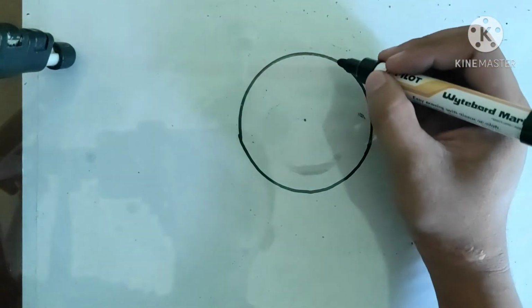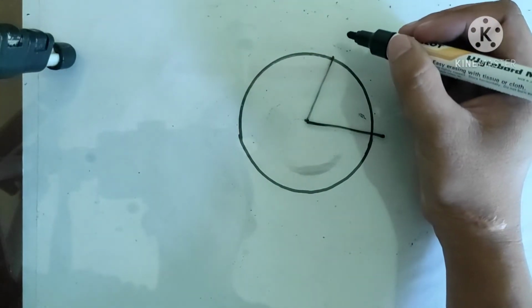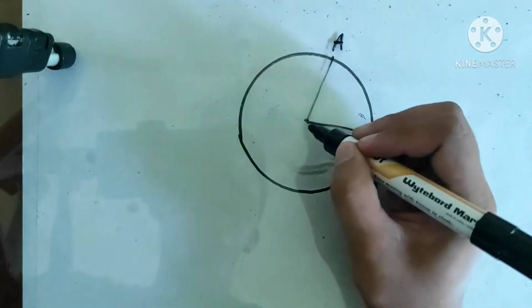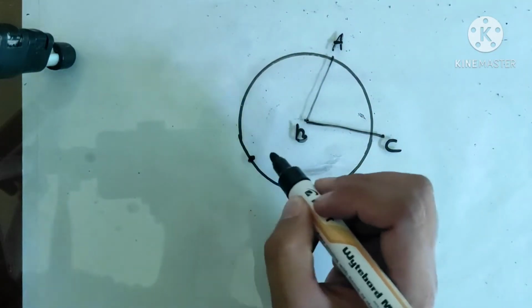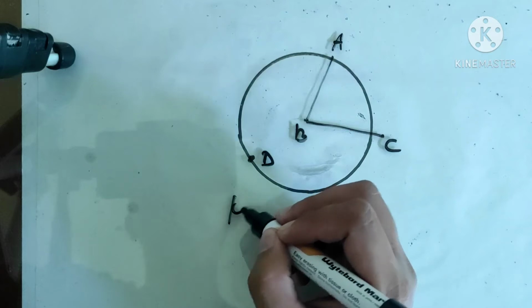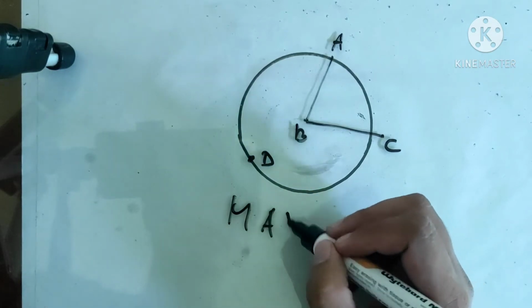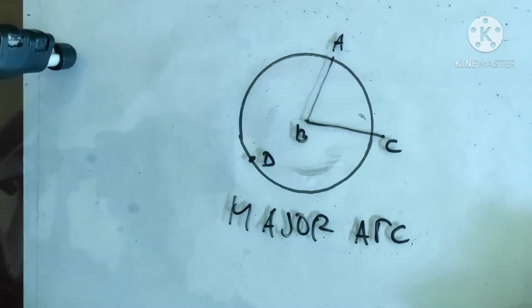Okay? So, for example, meron tayong central angle A, B, C. Okay? And then, your point here, D. So, first, alamin natin kung ano ang tinatawag natin na major arc. Okay. So, si major arc, no?